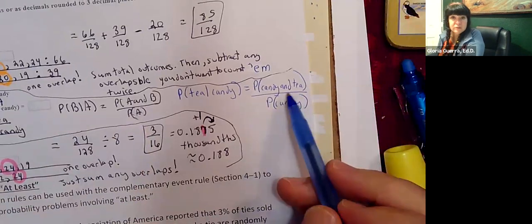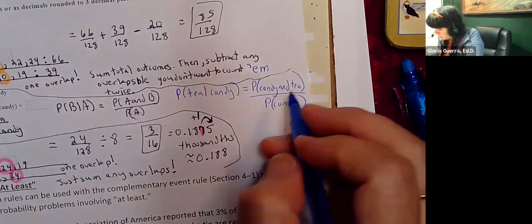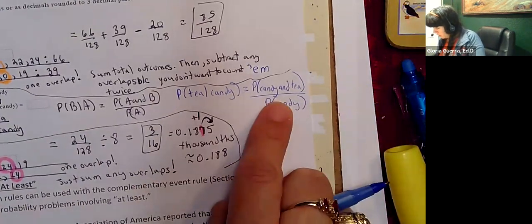So remember we said that these are supposed to be the same. See that? Okay, so then we need some work for the candy and T.